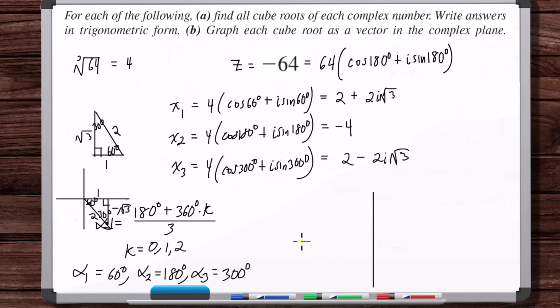If we plot these in the complex plane, they're all going to be on a circle of radius 4.